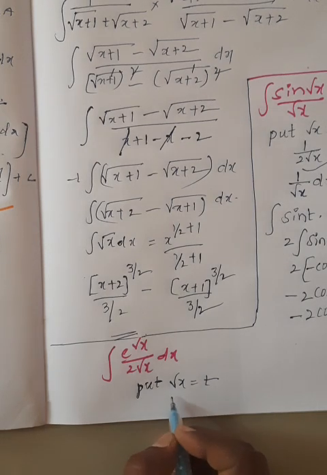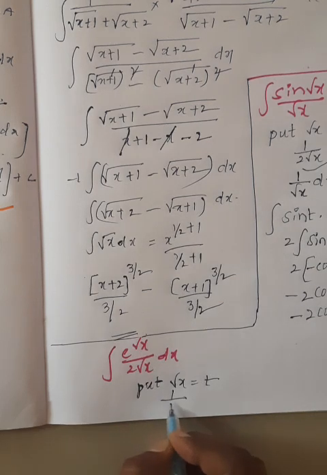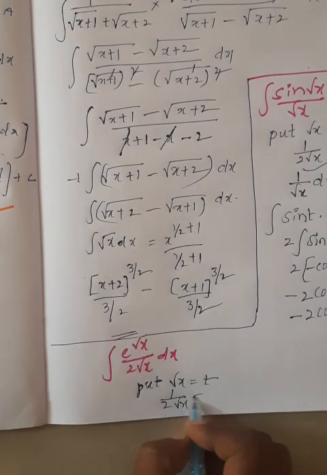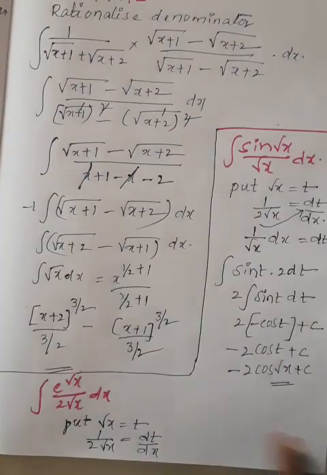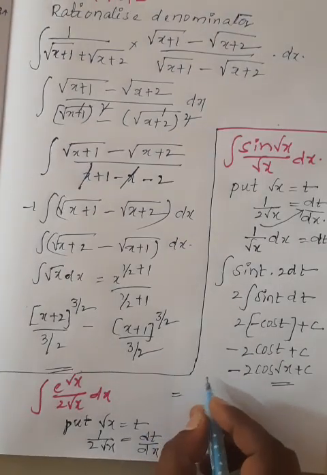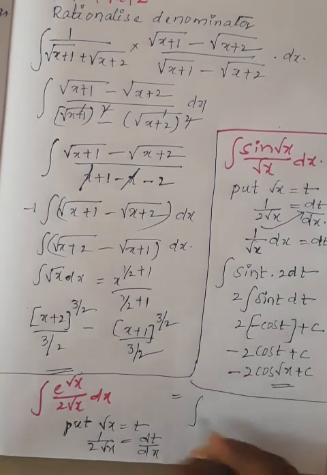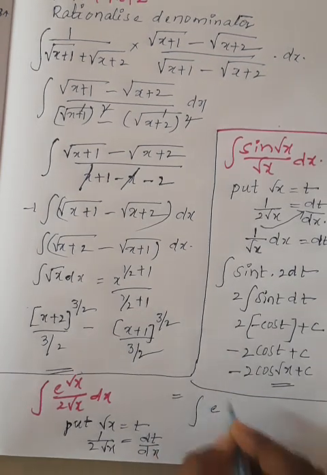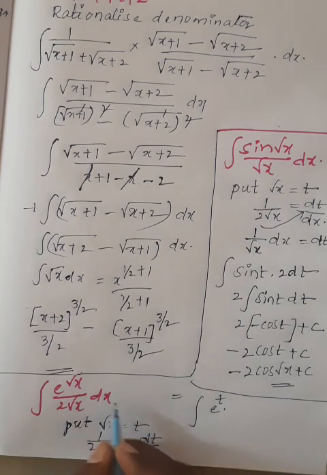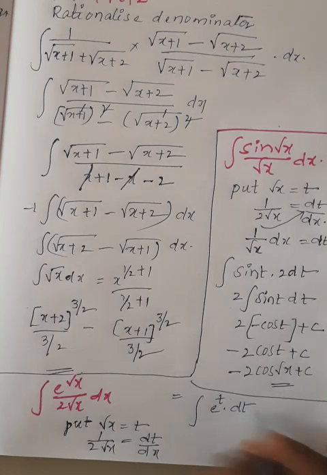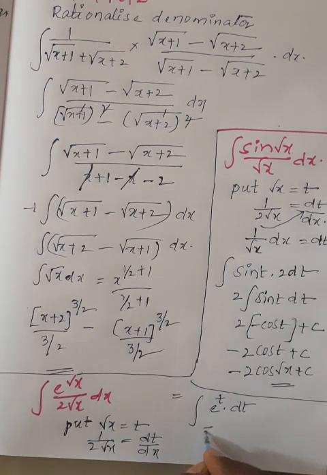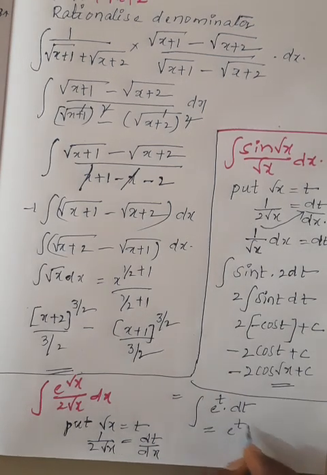The differentiation of root x is 1 by 2 root x, equal to dt by dx. Therefore the given question will become integration of e to the power t, and dx by 2 root x will become dt. Therefore the integration of e to the power t is e to the power t only. Then we have to replace t with root x, plus c.